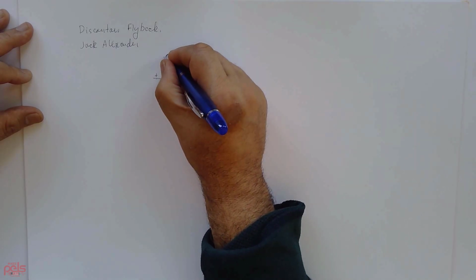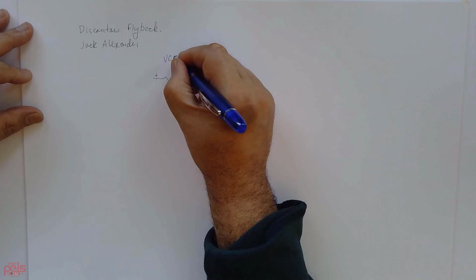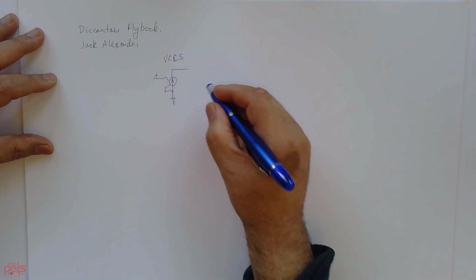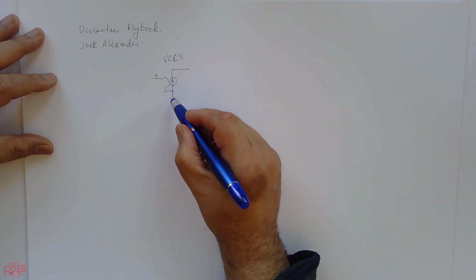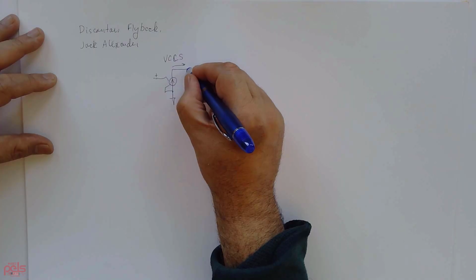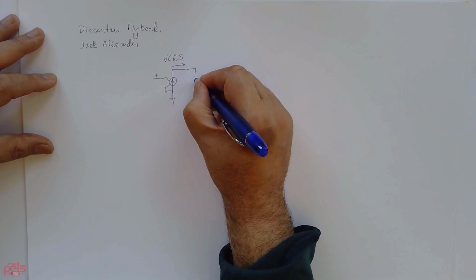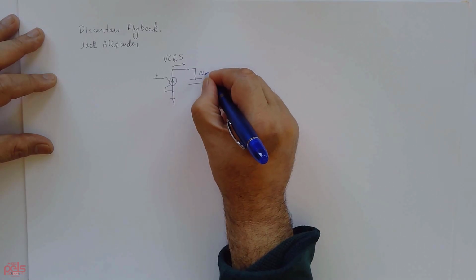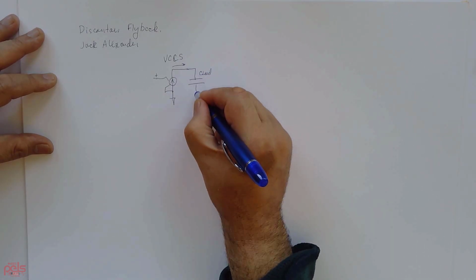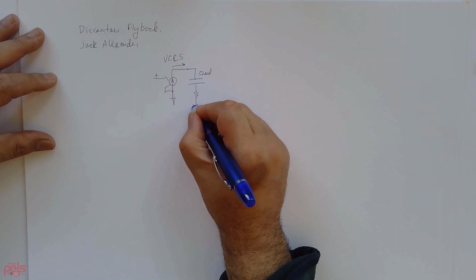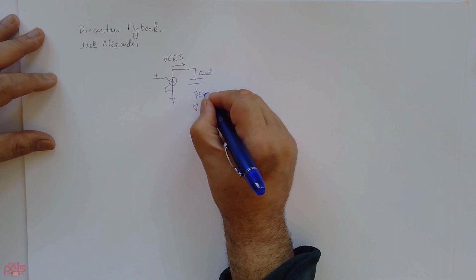Okay, so it's a voltage control current source. Typically your current will be supplied here, and you have your output filter, and we can call this C load. Then your capacitor will have an equivalent series resistor.